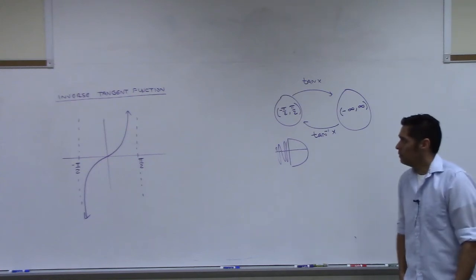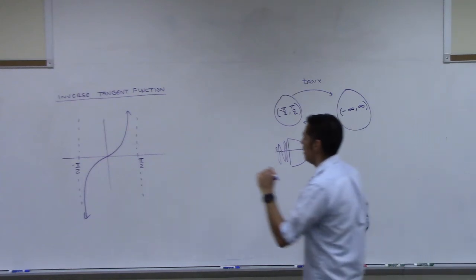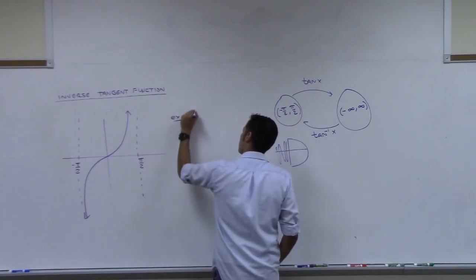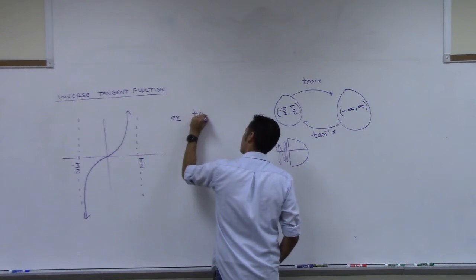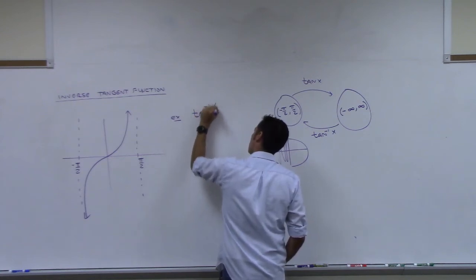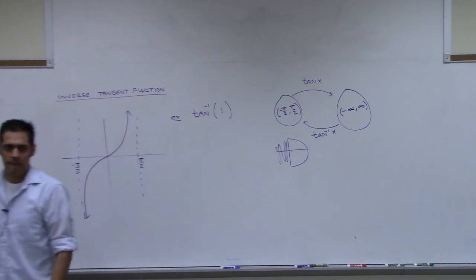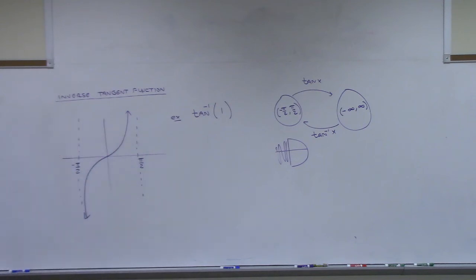All right. Let's see if we can do a couple of examples of this. What would arctangent of 1 be? Now this is harder than sine and cosine, because with sine we looked at the y-coordinate, right?